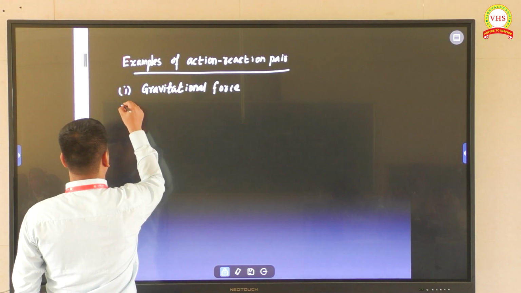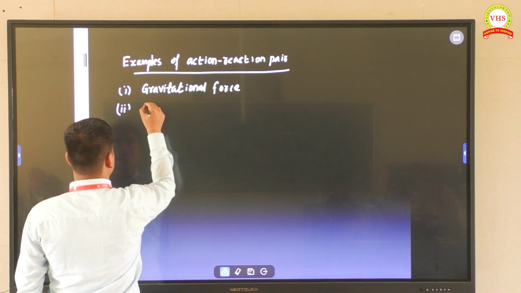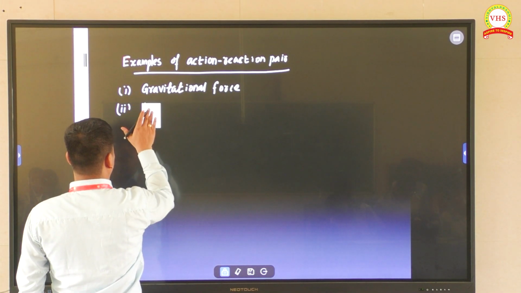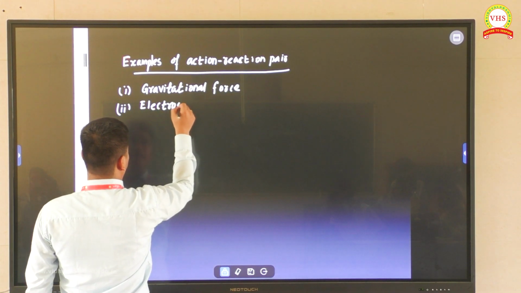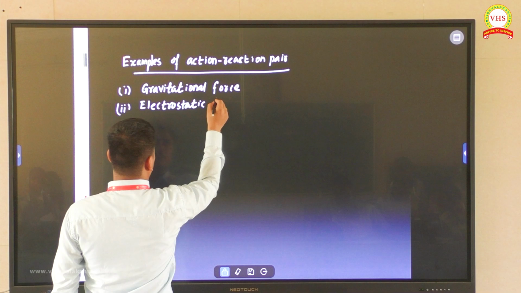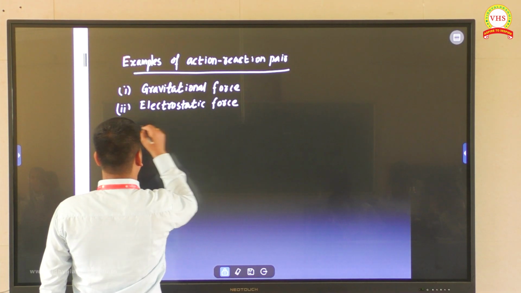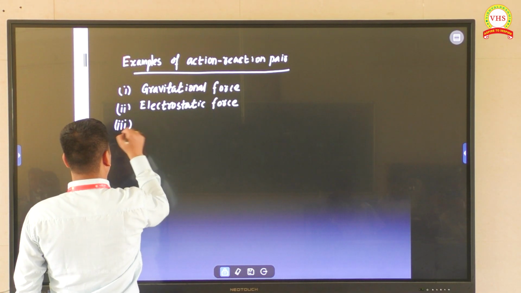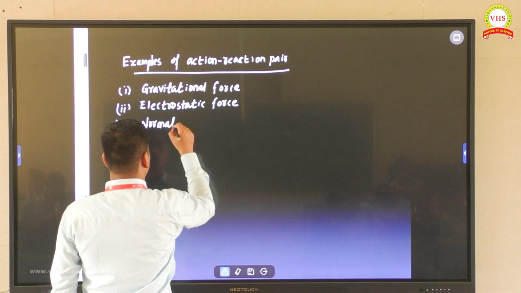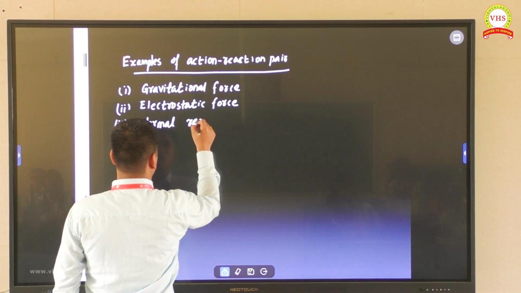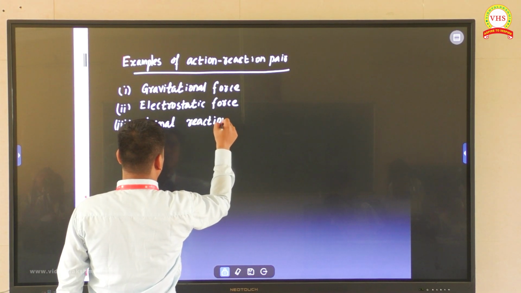Second, electrostatic force. Third, normal reaction. We are going to read all these forces, don't worry. Electrostatic force will start in 12th standard.